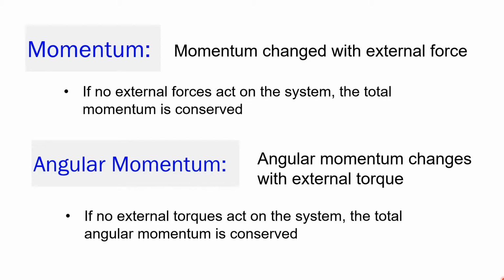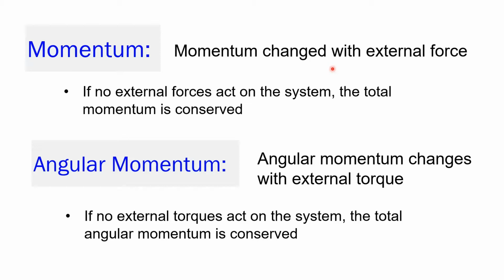We spent a lot of time looking at momentum and how it changed with external forces. That was the force-impulse relationship, where the change in momentum is equal to the contact force multiplied by the contact time. There's a similar process for angular momentum using torques, but if we're not going to go into the mathematics of these two quantities, then there's really not a reason to do that at this point.